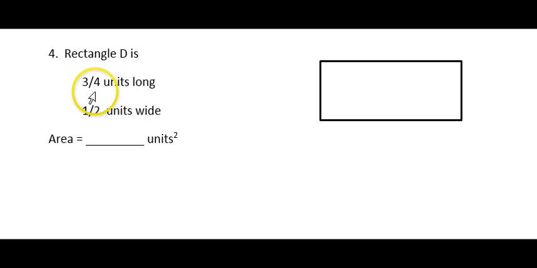Rectangle D is 3/4 units long and 1/2 units wide. So I'll show that at the top. It's 3/4 units long and 1/2 unit wide. Now since both of these are less than 1 full unit, there's no reason to divide this rectangle into smaller pieces. In order to find the area, I would take 1/2 times 3/4.